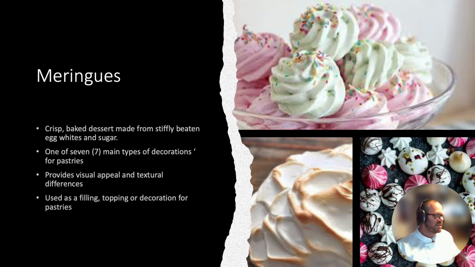The Swiss is where you mix it up and warm it up over a bain-marie first. The Italian is where we add hot sugar syrup onto our egg whites. Those other two are certainly cooked already, so they're used for specific recipes as well.